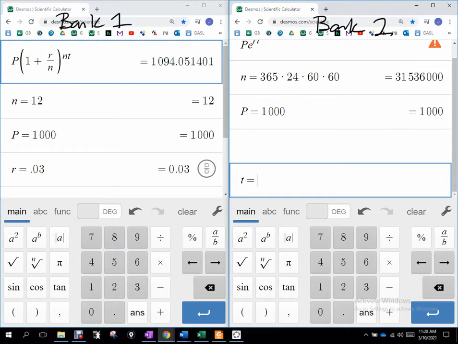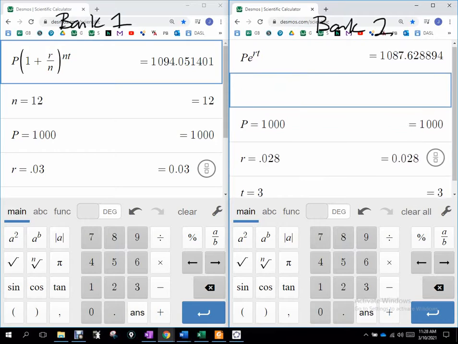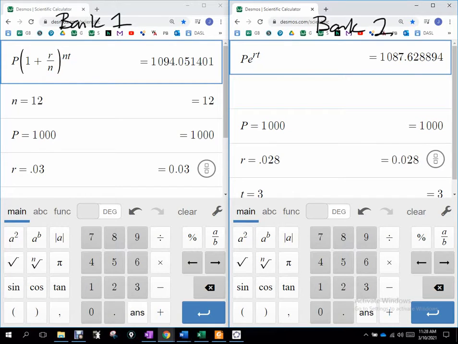T was 3, r was 2.8. So I don't need n in this anymore. In that case, because the interest rate was different, we see that in bank two, I'm not going to make as much money, even though that was continuously compounded. Does that make sense?